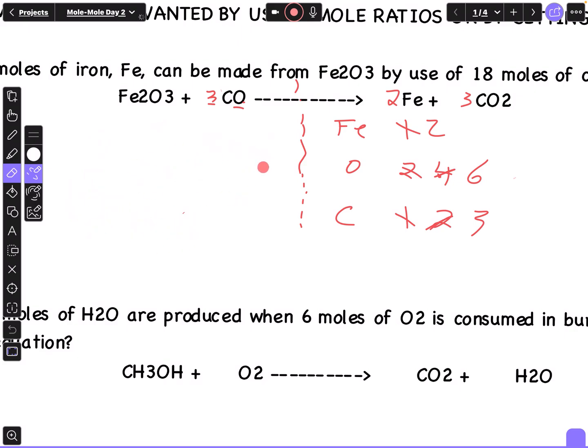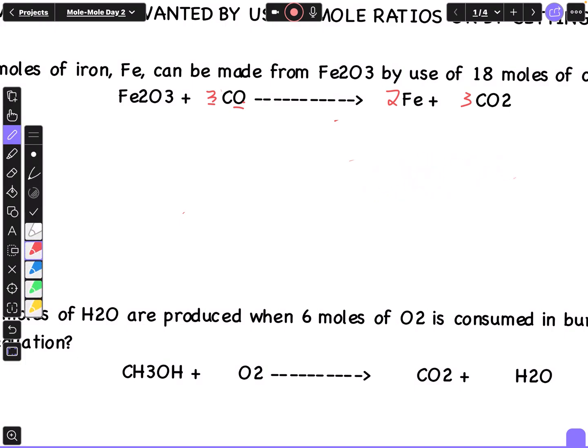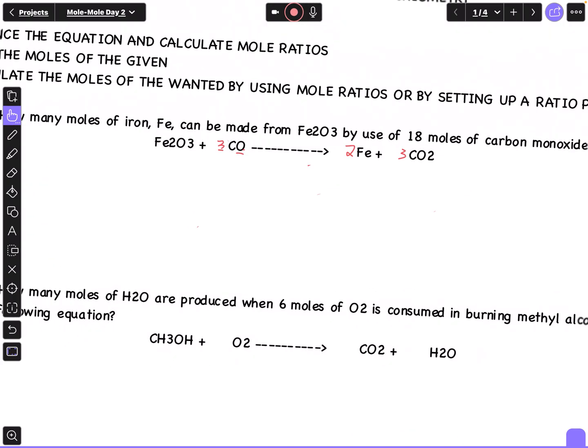What my balanced equation tells me is that every time 1 mole of Fe2O3 reacts, it reacts with 3 moles of carbon monoxide, that's 3CO, and it produces 2 moles of Fe and 3 moles of CO2. So let's see what our problem asks.